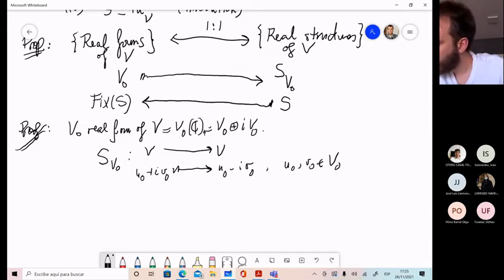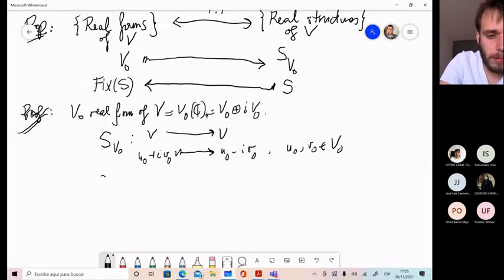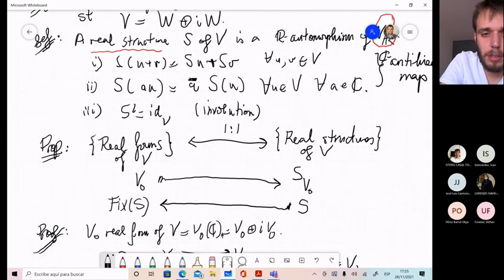Okay, so, well, you can check that S_{V0} is a real structure. This is an easy thing. You have to check these three conditions.